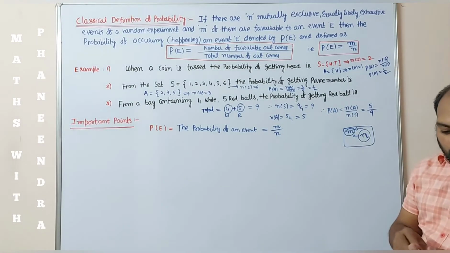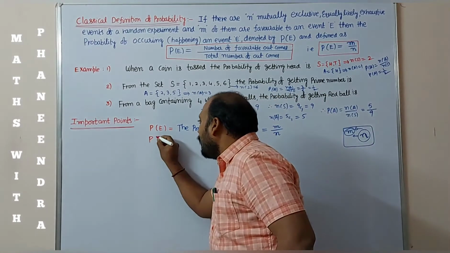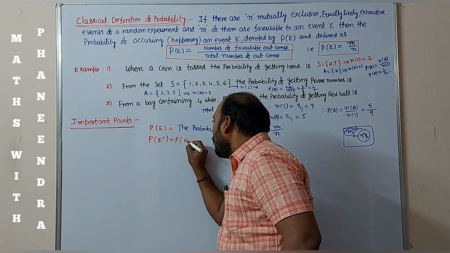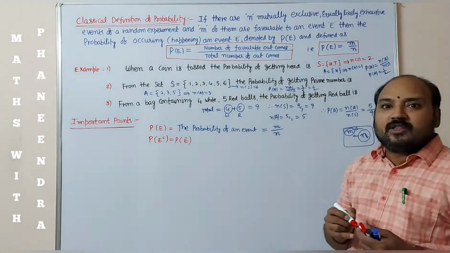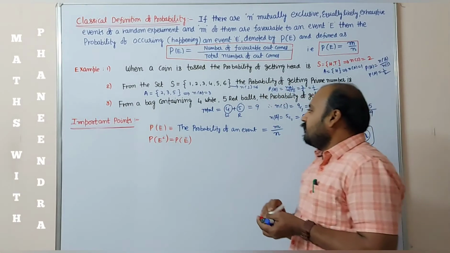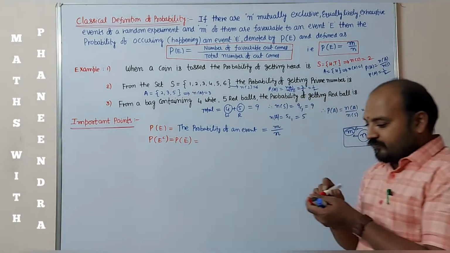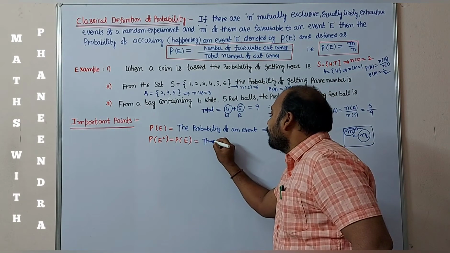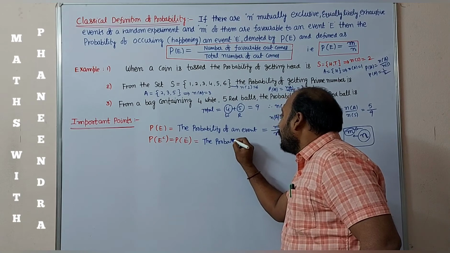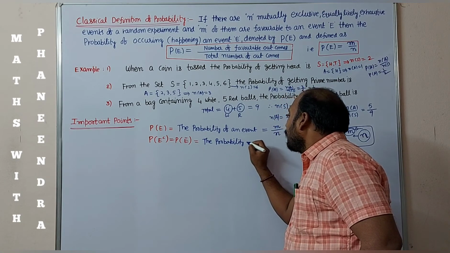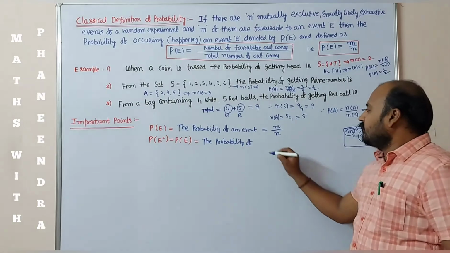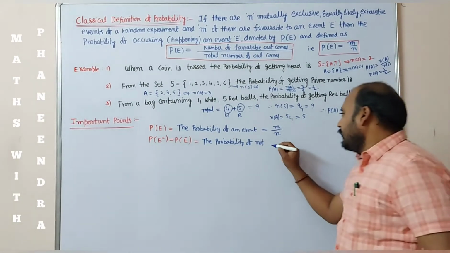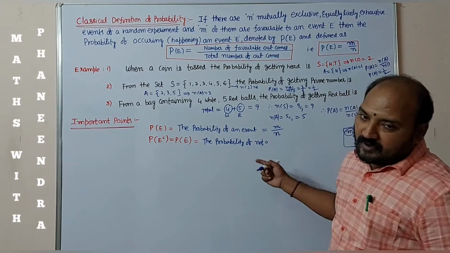Next, P of E bar, or E complement: the probability of not getting the event, not favorable.